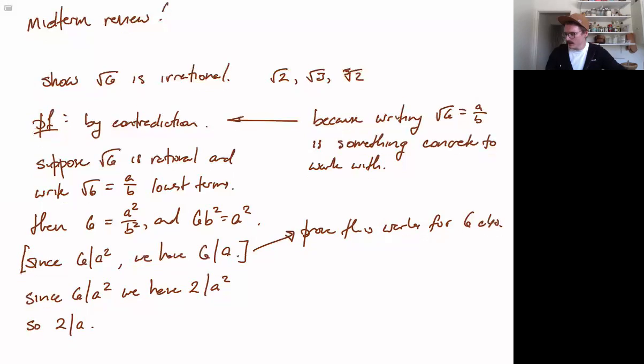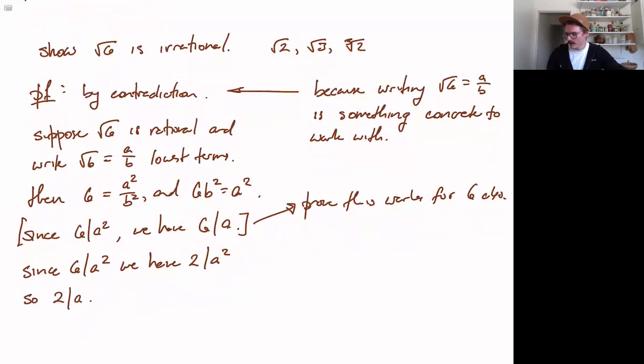So I think we're going to ignore this one and carry on with this one. And now we can finish the proof in probably a similar way. So 2 divides a. Write a equals 2k for some k.